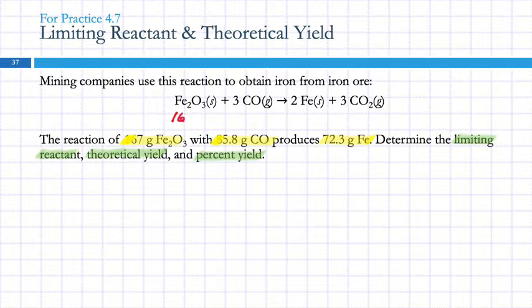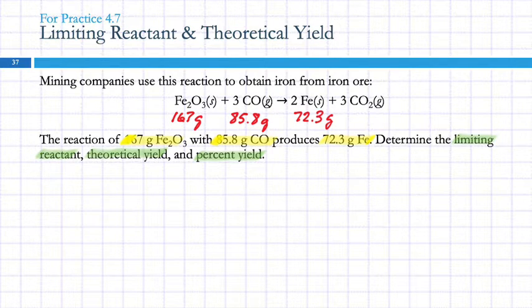167 grams of Fe2O3, 85.8 grams of CO, and then they're telling me 72.3 grams of iron. So to calculate the theoretical yield, we're supposed to do 2 calculations, one with this reactant and one with that reactant, to find out the amount of product that's made, but we already have a number there.